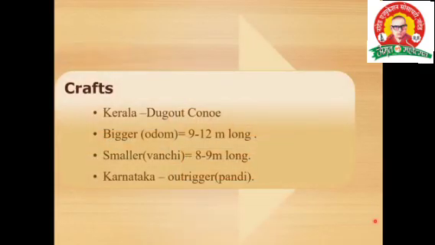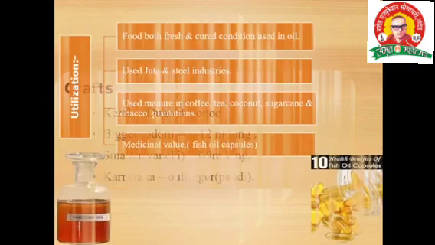And these are the crafts with the help of which, with the help of gill nets, they catch the oil sardine. In Kerala, dugout canoe. This is one of the examples of craft. Odam 9 to 12 mm long, Vanchi 8 to 9 mm long. In Karnataka, that is Pandi. All are the names of craft. Okay.